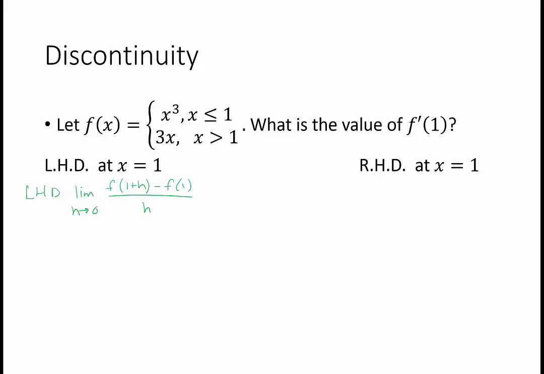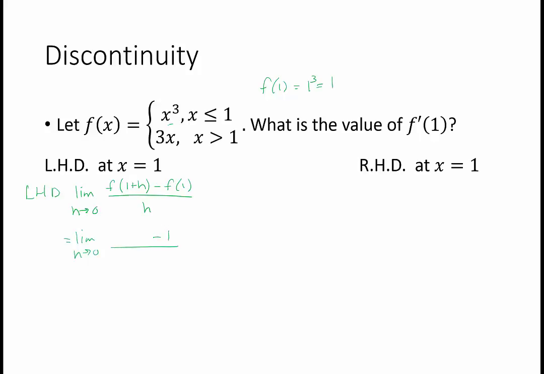Now, in order to do this, I'm going to have to know what f of 1 is. F of 1 is equal to, let's see, 1 cubed. Is that right? 1 is equal to 1, so I'm going to use this definition. It's equal to 1 cubed, which is 1. So this is equal to the limit as h approaches 0 of something minus 1.